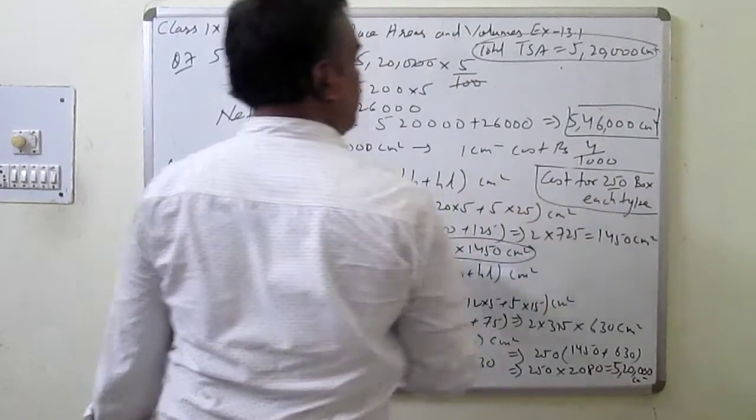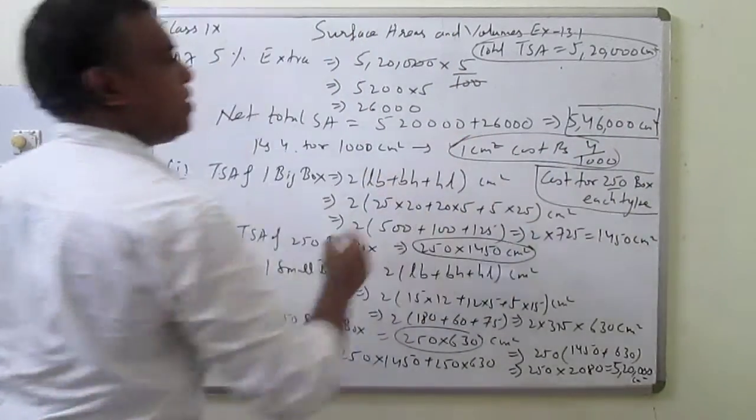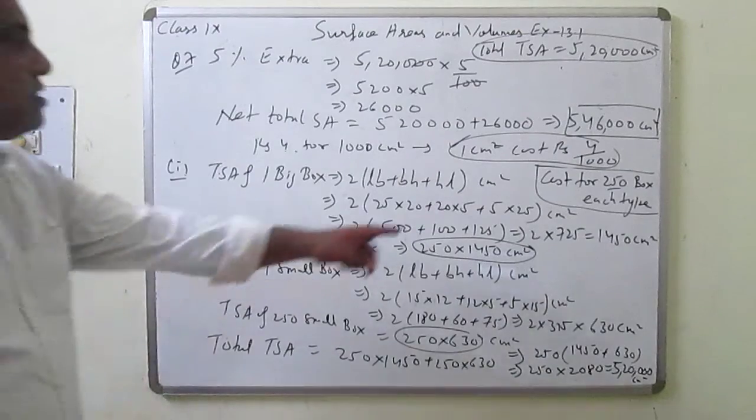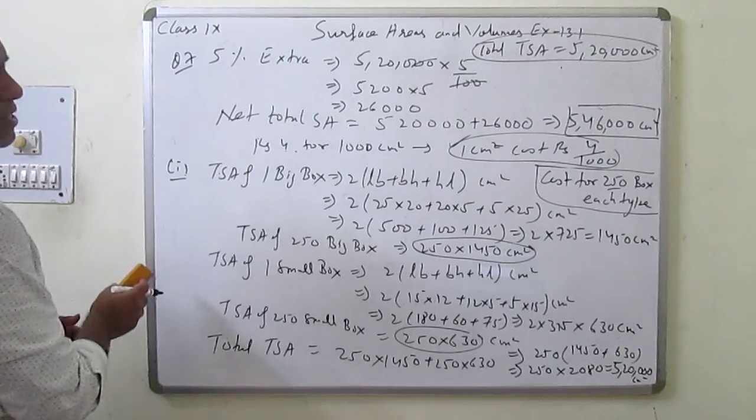Now I will calculate the cost. Here you can see the cost of 1 centimeter square is given to you. So I will calculate the cost here.